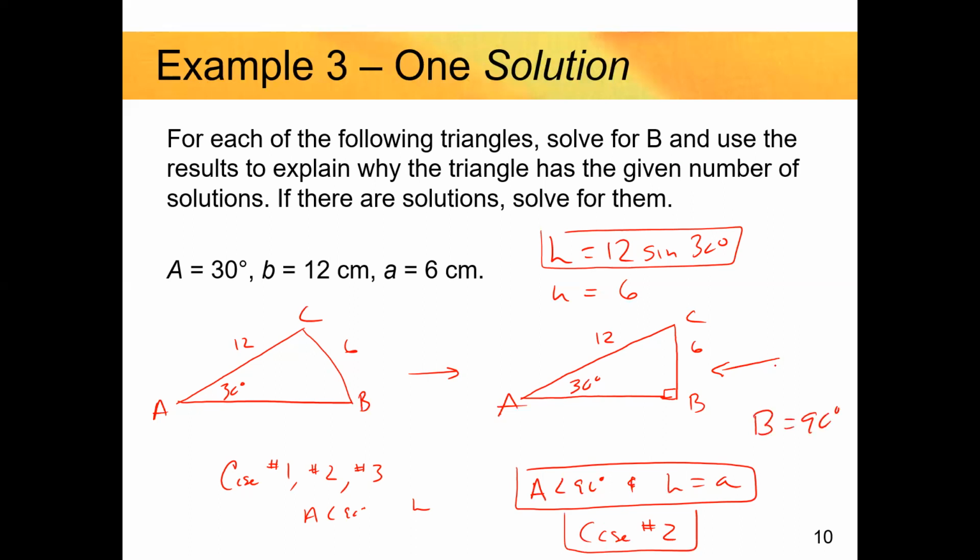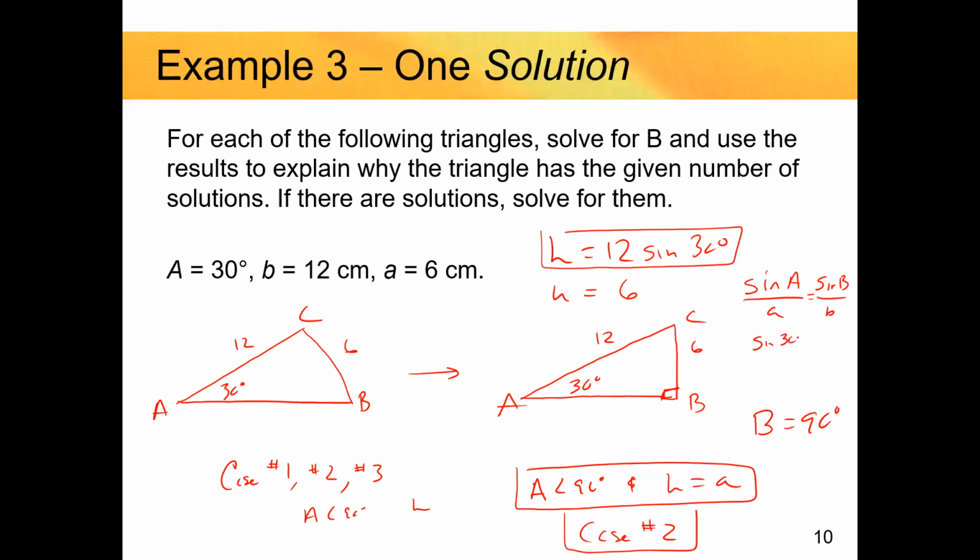Let's see. We know it's 90 degrees based upon the values given, right? Let's do this real quick and solve it by using the law of sines. Let's see if your calculator would solve for it here.